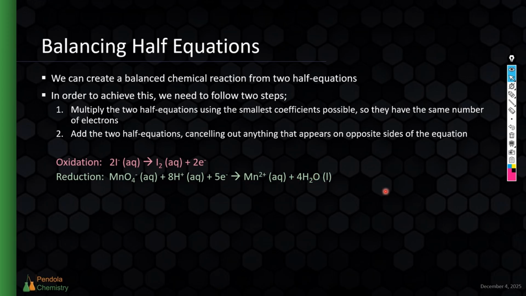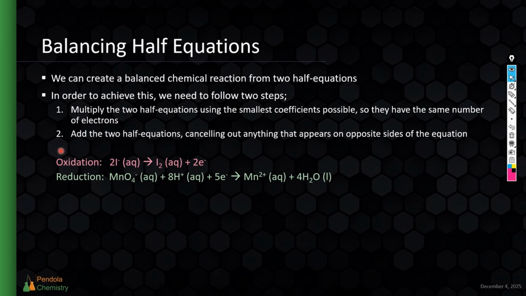Well, the first thing we need to do in order to combine these two half equations into a full chemical equation is to make sure that the electrons in both equations match by the smallest number coefficient possible. What does that mean? That means that these two equations need to match because remember that redox is a transfer of electrons.